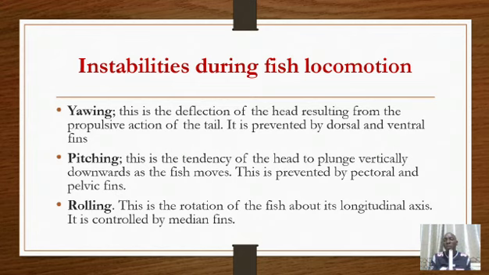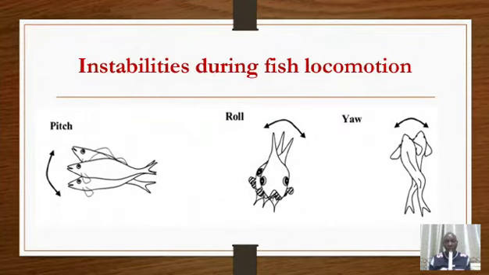But remember, as it is locomoting, that shouldn't be the case, because as it moves forward like that, it should move like that, so that it goes forward. But due to the instability called yawing, due to that deflection from the caudal fin, instead of moving like that, it may end up doing that. So that side-to-side deflection is what we are calling yawing, and that would destabilize the fish during locomotion.